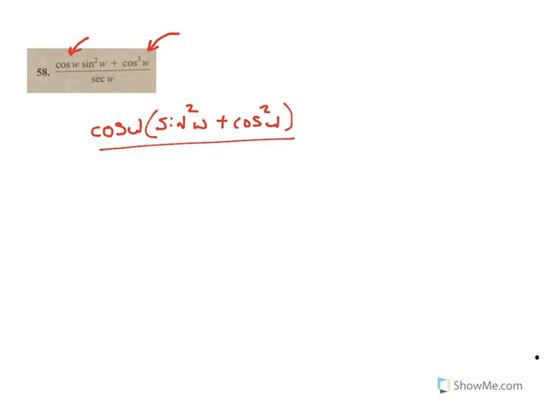On this next problem, notice we have a factor of cosine on the first term and 3 factors of cosine, cosine times cosine times cosine on the second term. So you can factor off a common factor of cosine. And you're going to be left with a sine squared plus cosine squared all over secant.